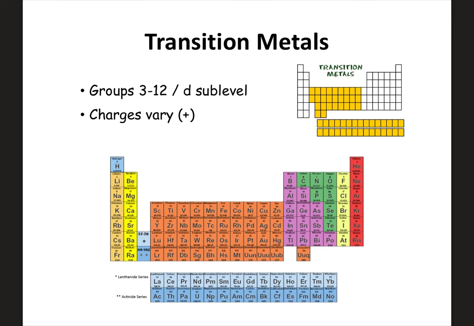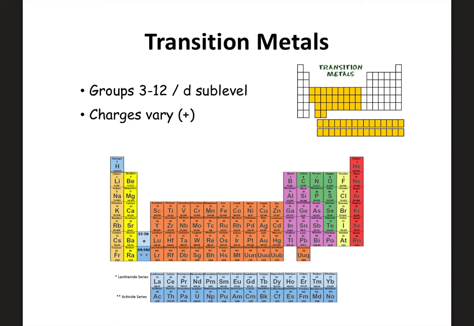Now that we finished up some of the columns in the representative elements, we're going to move to these bigger groups. So we have here in the d block the transition metals. That's your d block here. Be careful up here on this picture. We call this f group down here the inner transition metals, so that's not what we're talking about when we talk about transition metals. It's just the d block. Anytime we see the d block here, those are transition metals. They span groups 3 to 12.